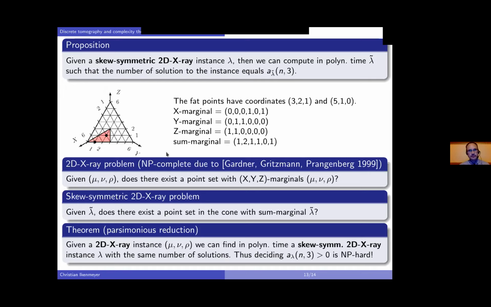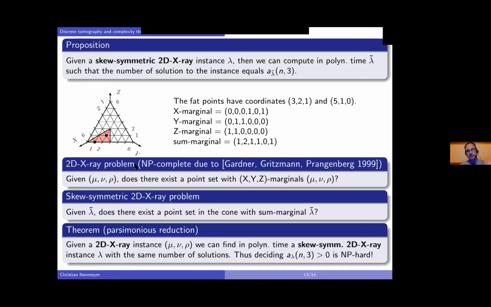But if you have a skew-symmetric 2D X-ray instance, you can actually find some lambda tilde such that this is the Plethysm coefficient. This means that for every 2D X-ray instance you can find some Plethysm coefficient which is exactly the number of solutions to your 2D X-ray problem. But then it cannot be easy to decide positivity for the Plethysm coefficient, because that would enable you to decide this 2D X-ray problem, right?